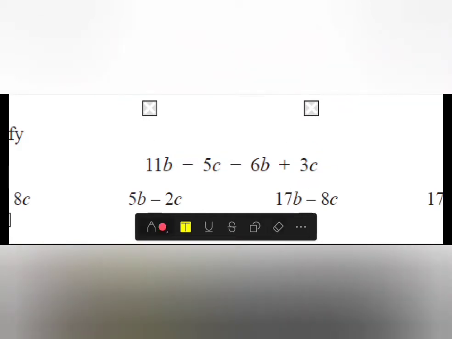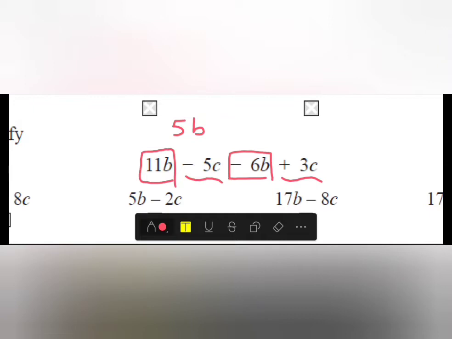First, 11b minus 6b. So 11 minus 6 equals, very good, 5b. And then we have minus 5c plus 3c. And as I told you, you take the coefficient and put it in the calculator, and it will give you the answer.